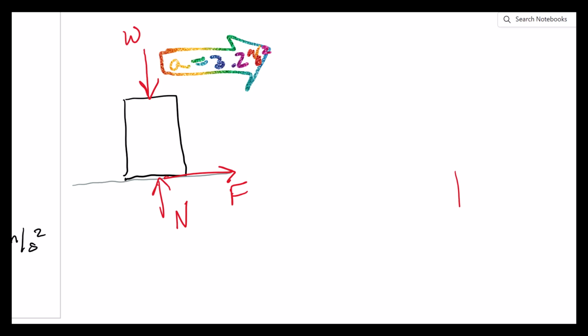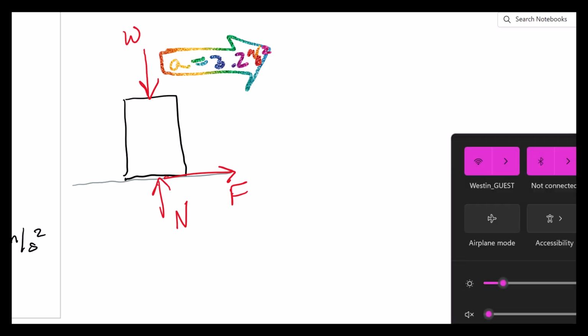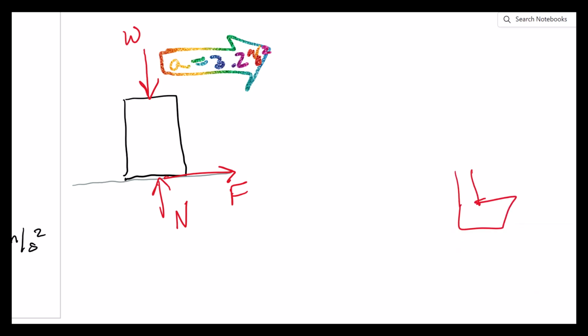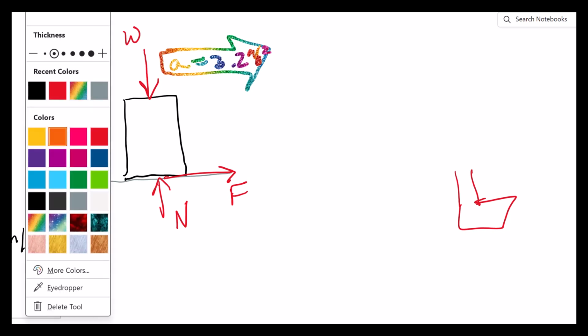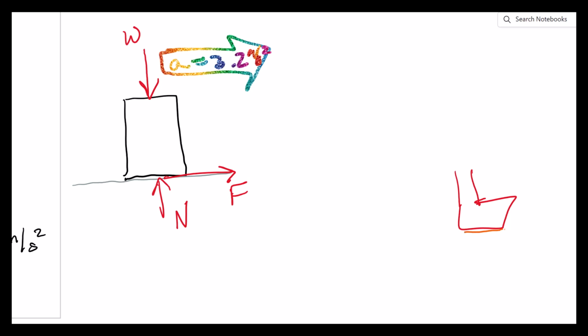So think about my foot. And I'm running. If my foot is about to slip, the impending motion of my slippy foot is that way, so the friction on my shoe is keeping me from slipping, right?